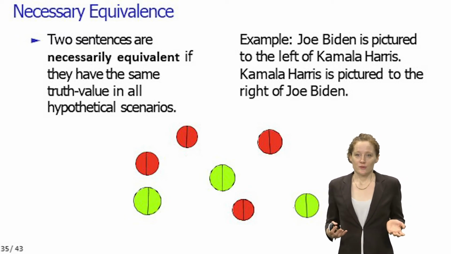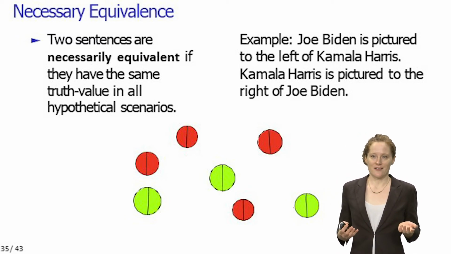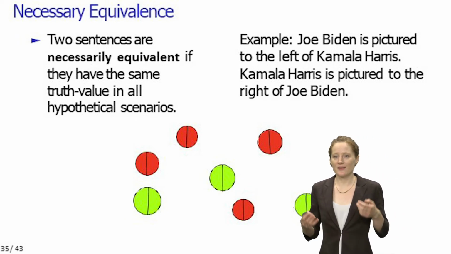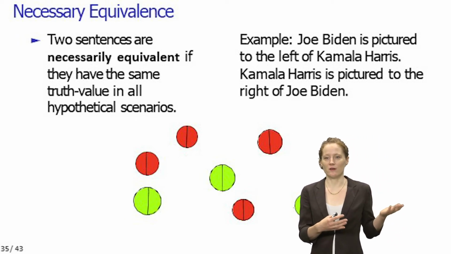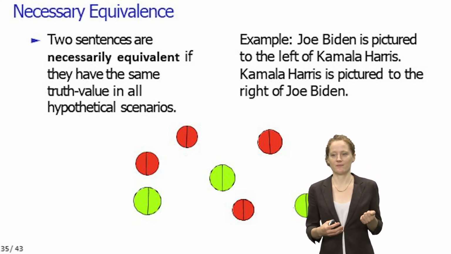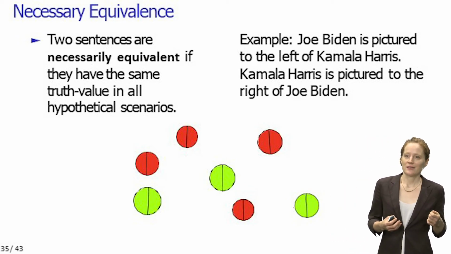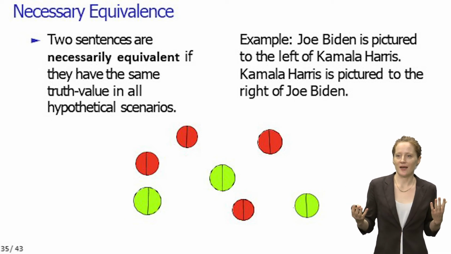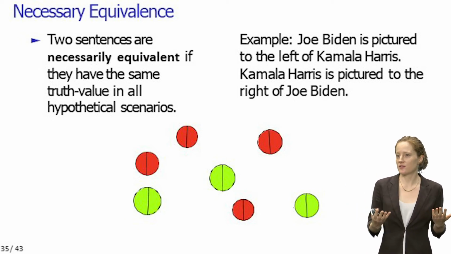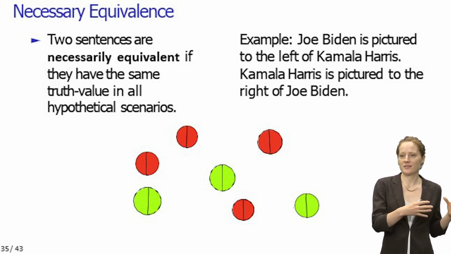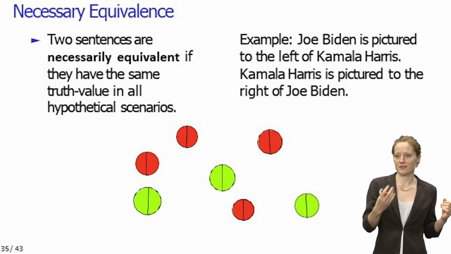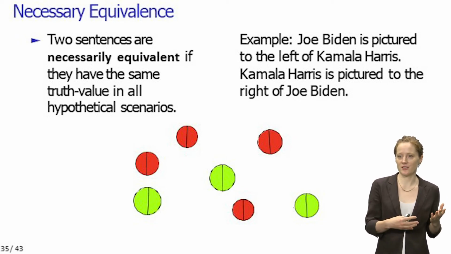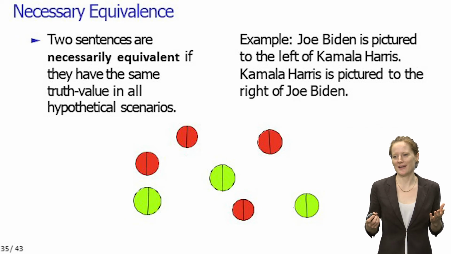Now, two sentences are necessarily equivalent if they have the same truth value in all hypothetical scenarios. So for example, suppose we are looking at a picture of Joe Biden and Kamala Harris, and I'm asserting the two sentences: Joe Biden is pictured to the left of Kamala Harris, and Kamala Harris is pictured to the right of Joe Biden.